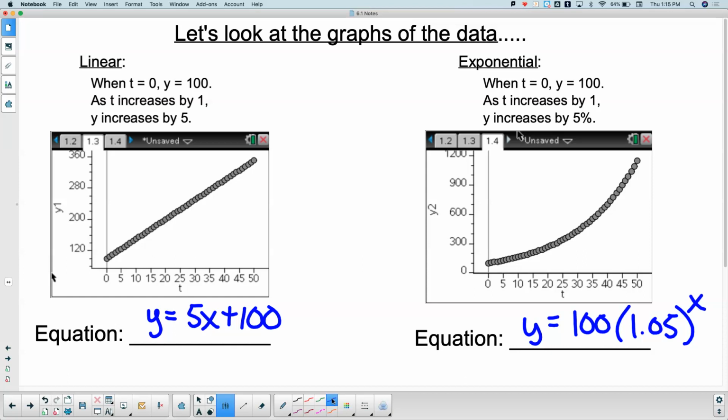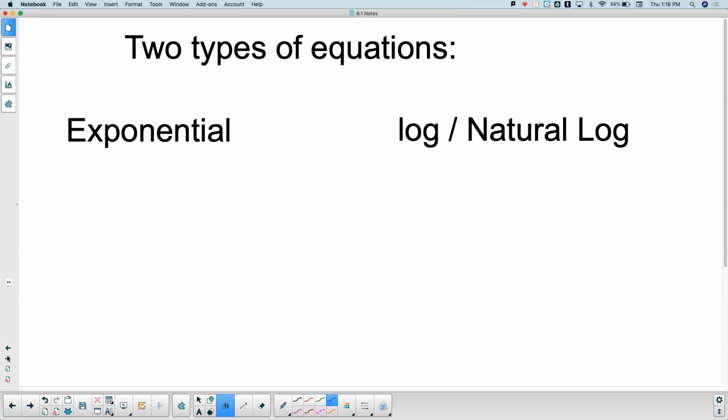That exponent having the variable in it changes the function. Makes the function grow faster than constant. So, we are going to talk about exponential equations and logarithmic equations in this unit. Again, I'm not going to go very deep into the difference between them.